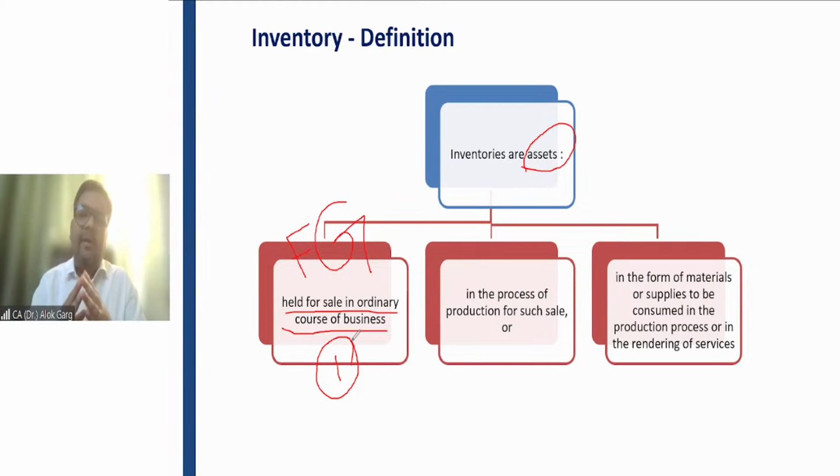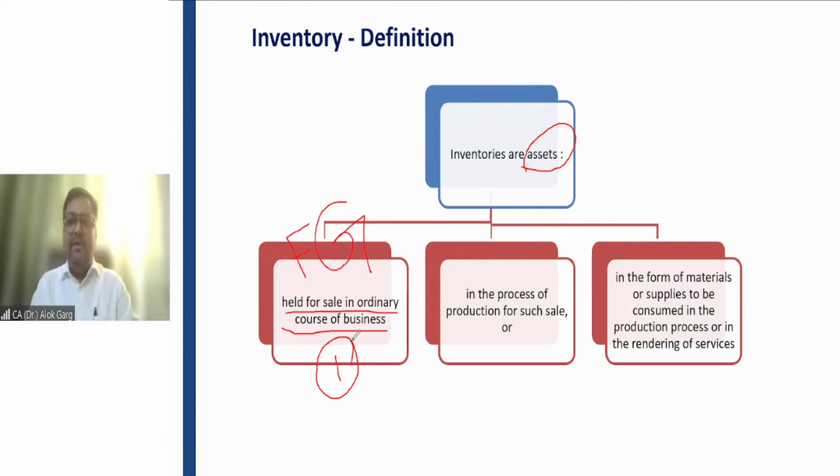Let me take an example here, and you need to tell me whether this is an inventory. Tata Consultancy Services, TCS, bought 5 cars for their top executives, for their top management.